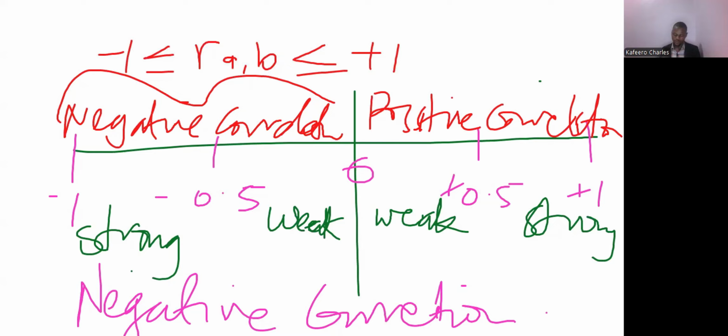If you get a positive correlation, then it means that these investment projects are moving in the same direction. If you make a loss in this investment, then even in the other investment, you are also going to make a loss. So that's how we interpret the results that we have got from the different computations based on the method that we are going to use.